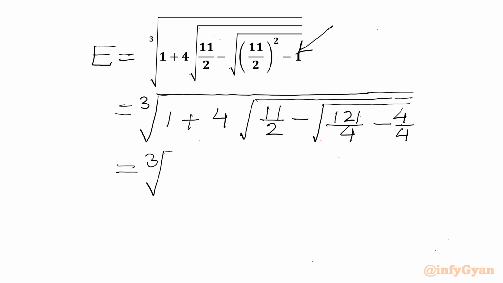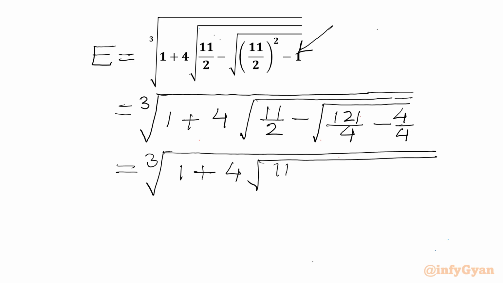Cube root of 1 plus 4 times square root of 11 over 2 minus, now we can write square root of 121 minus 4 in the numerator, in denominator square root of 4.